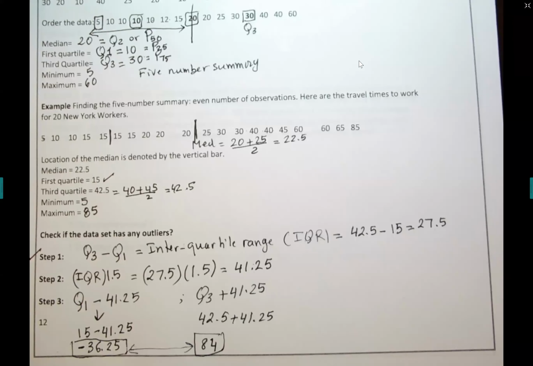Oh no, let me tell you how. It's very simple. Once you get those two numbers, any value that falls between those two numbers is not an outlier. Any value that falls outside of the range of those two numbers, then it is an outlier. You know 85 is bigger than 84, then it is an outlier.